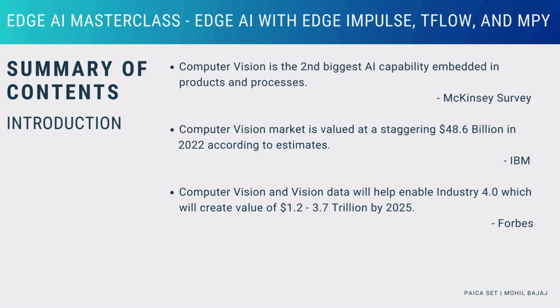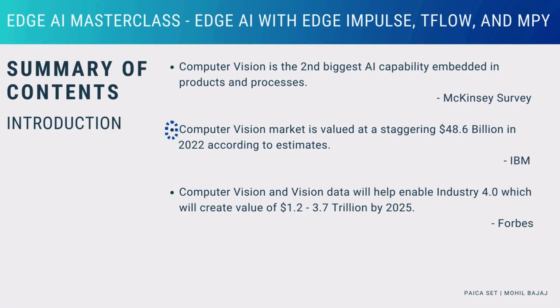And here's what the big industry players are saying about computer vision. According to a McKinsey survey, computer vision is the second biggest AI capability embedded in products and processes, and personally, I think it is going to get even bigger in the next 3 to 5 years. According to IBM research, the computer vision market was valued at a staggering $48.6 billion in 2022, according to estimates.